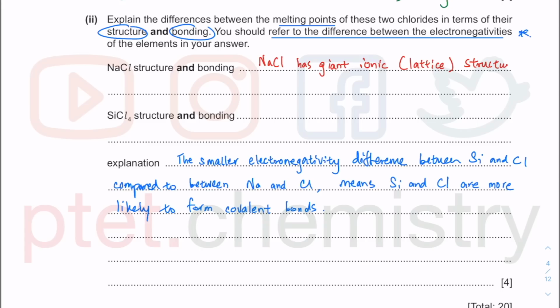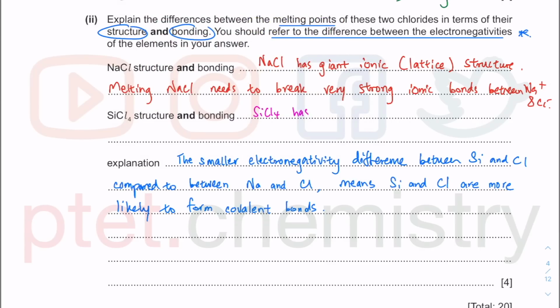So melting NaCl needs to break very strong ionic bonds between oppositely charged ions, Na+ and Cl-. In terms of the next one, SiCl4 has a simple covalent structure or simple molecular structure, whichever you prefer to use. Simple covalent structure or simple molecular structure is the same thing.